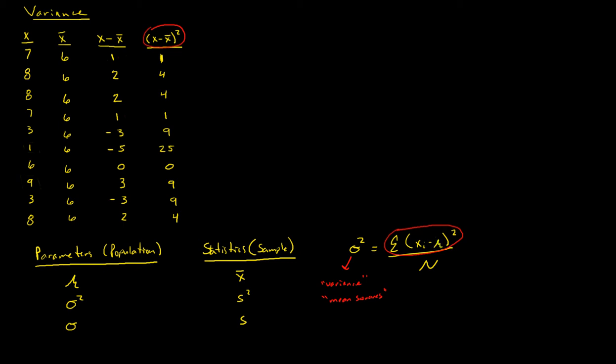And then how does this equation change when we move over to the actual variance statistic estimated from a sample? Well, the sigma squared becomes s squared. This is still the sum of the xi minus, this time, x bar squared, and then we switch from total observations to what's called n minus 1.